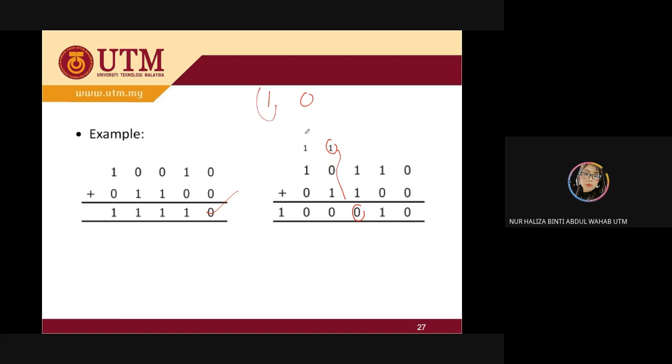And then 1 plus 1, you will get 0 as a sum, carry as a 1. And then you plus with 0, you will get 0 as a sum, 1 as a carry. So this is just like normal mathematics, Standard 1.